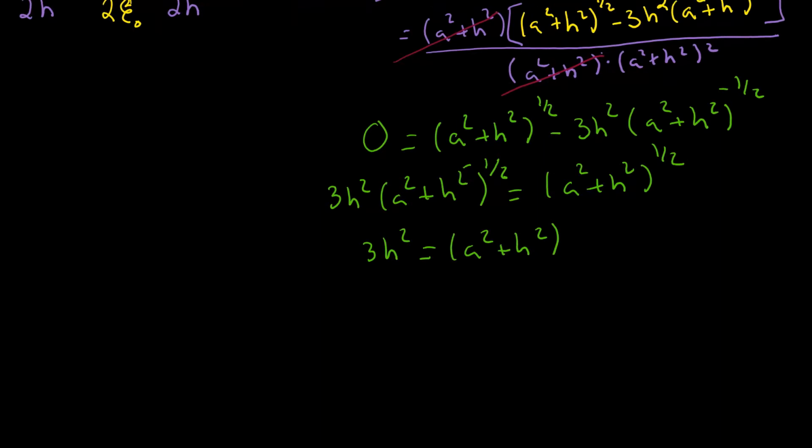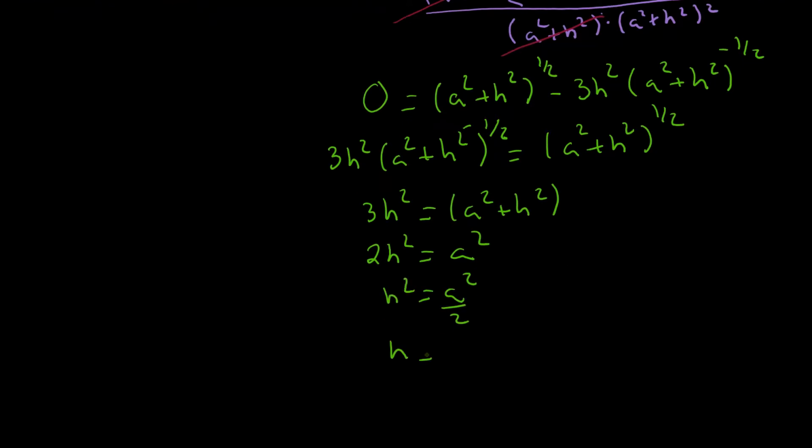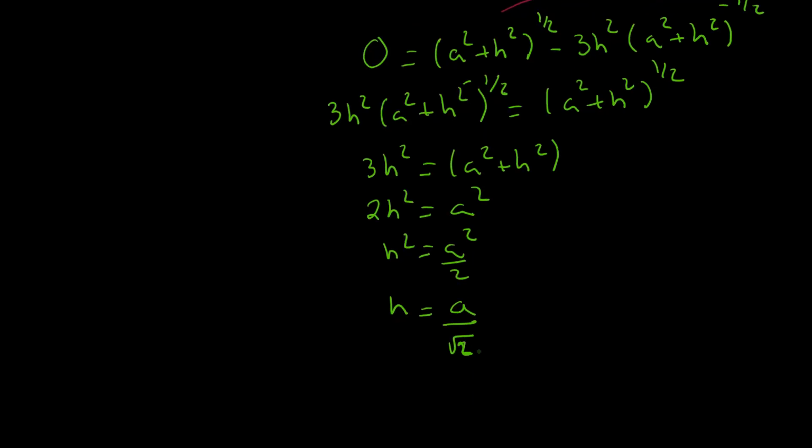We're so close now. We can just subtract the H squared, so we have 2H squared equal to A squared. H squared is equal to A squared over 2. So H is a height, so it's going to equal A over the square root of 2, which is fine.